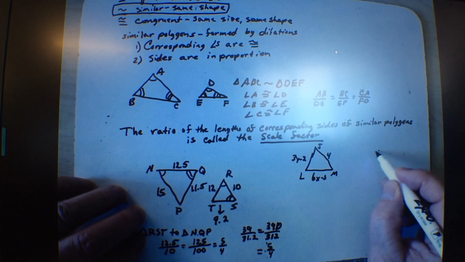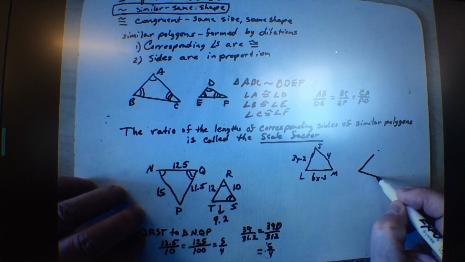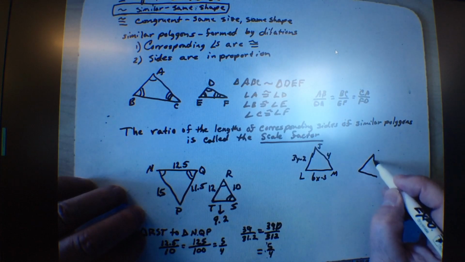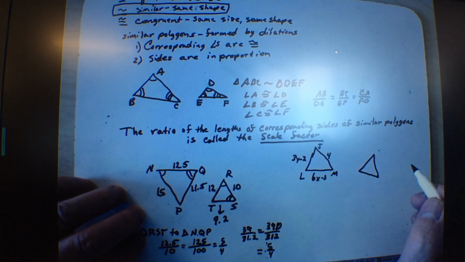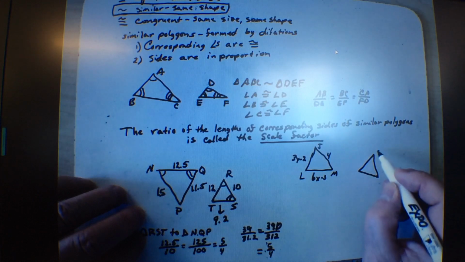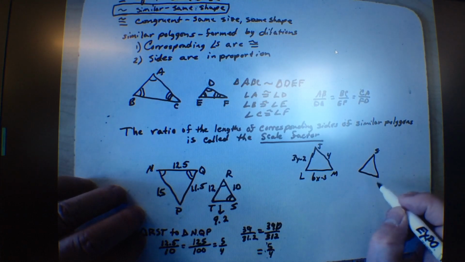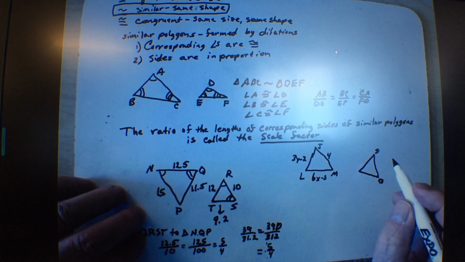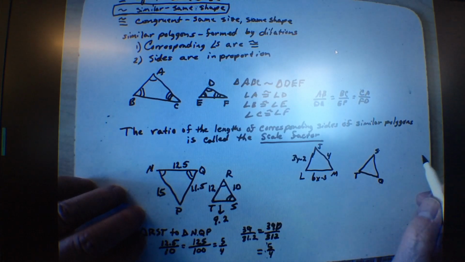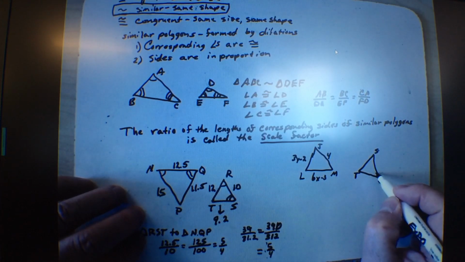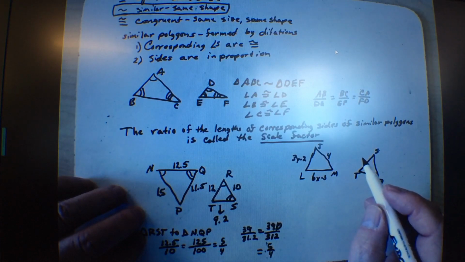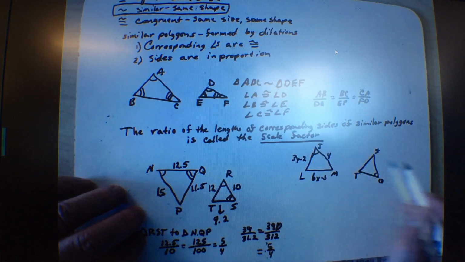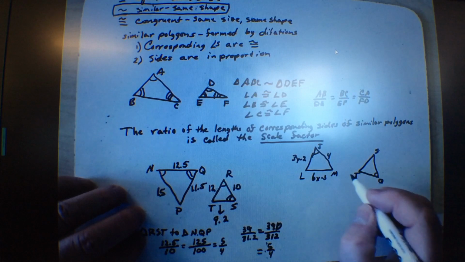Okay? We have another triangle that is similar to it, and I'll give you the similarity statement in just a minute. This is S, this is Q, and this is T. Q is congruent to J, and T and M are congruent.